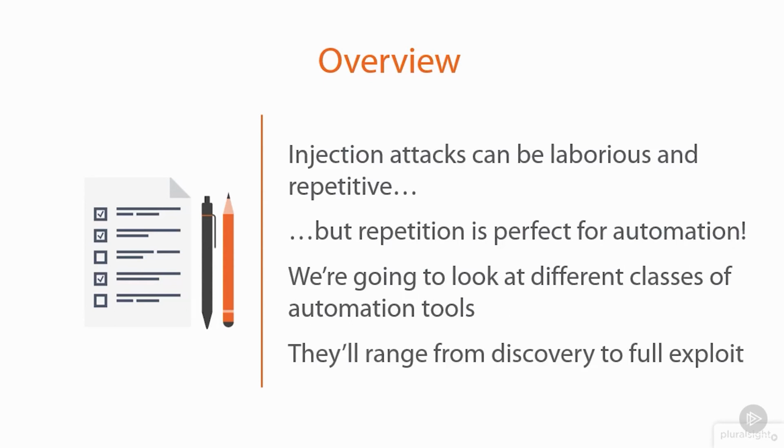They make it easy to find where there might be an injection risk, after which you've got to do all the hard work that we've seen already throughout this course. However, some other tools will go all the way through to full exploit. We'll look at a couple of tools in particular that will exfiltrate data out of the system using injection risks. So we're going to see a really good range of tools here that should make your job as an ethical hacker much easier when it comes to identifying SQL injection risks.